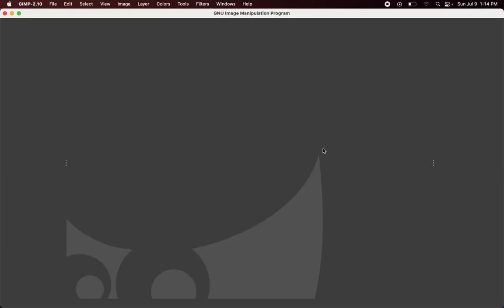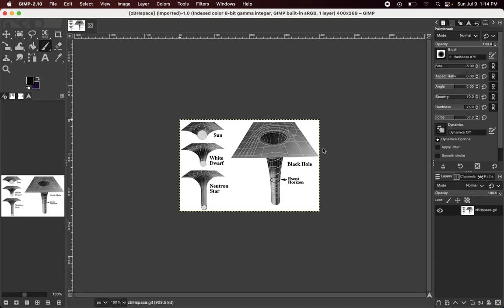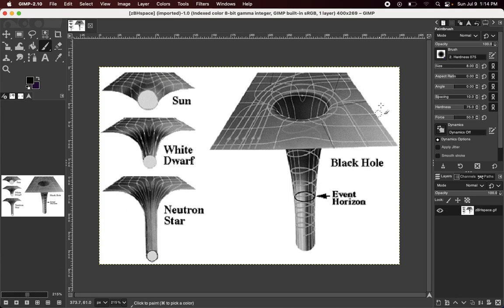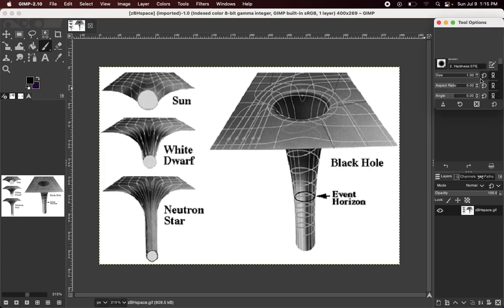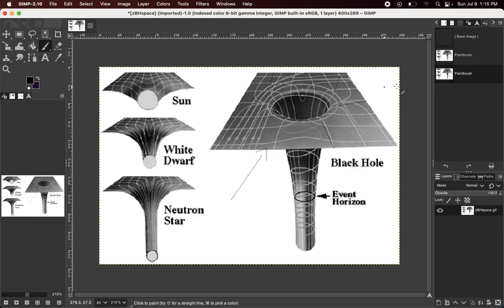So, when we look at black holes, we acknowledge the idea of a hole in space, a hole that goes inward, what we would consider infinitely, right? So we allow that concept of a hole in space.